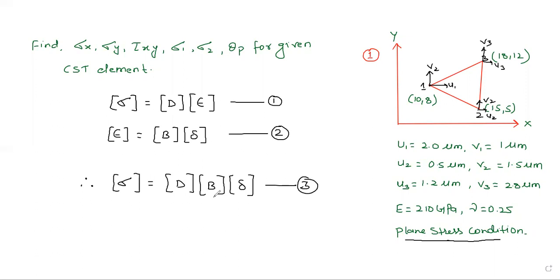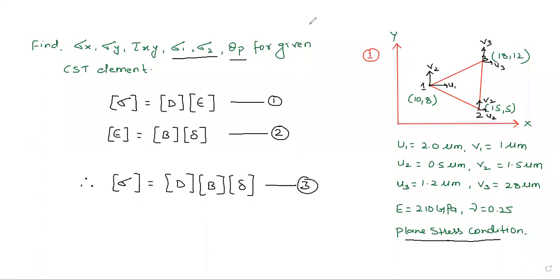So sigma can be written as D into B into delta. Here we need to find sigma x, sigma y. Once you find sigma x, sigma y and tau xy, then we will be able to find sigma 1, sigma 2 by using the formula, and then we will be able to find theta p. So by using this equation only, we will be able to find the element stresses sigma x, sigma y and tau xy.